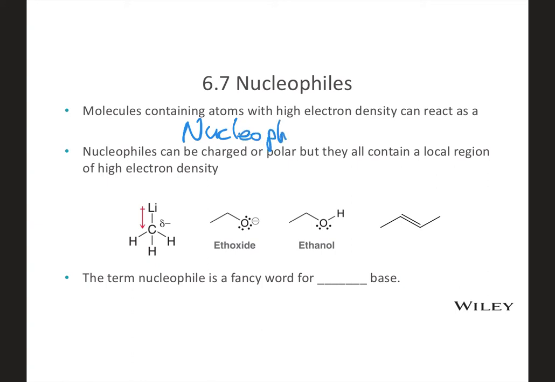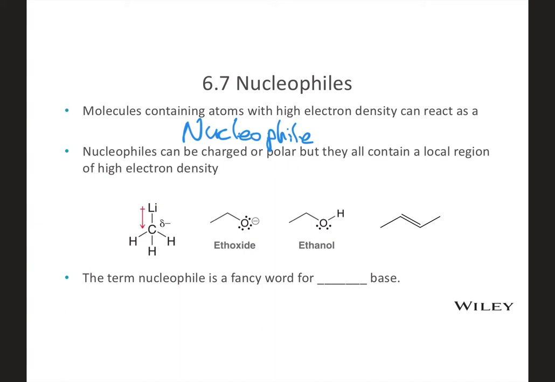Now we could break this word down into its root parts. Nucleo meaning the nucleus. Phile, I think, is a Greek root for the word love. So a nucleophile is something that's going to want to join up with, to make connections with other atoms. So nucleophiles are in search of other atoms.